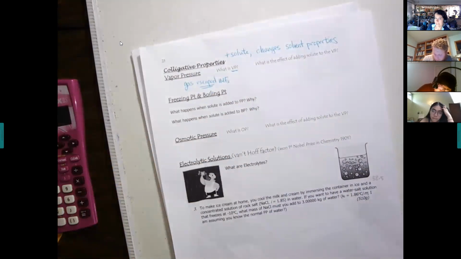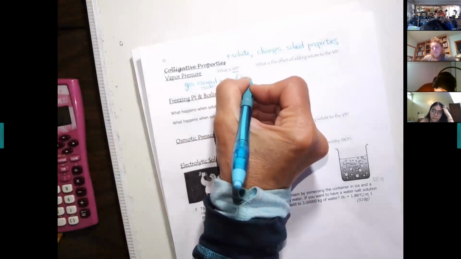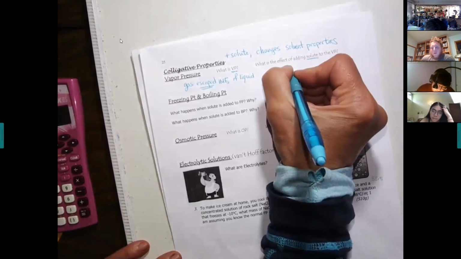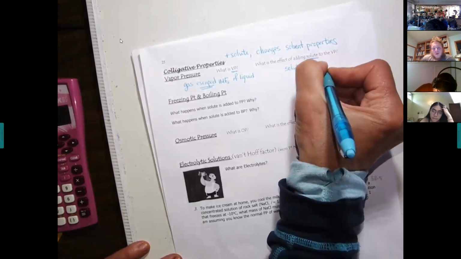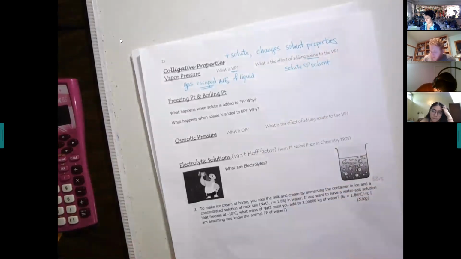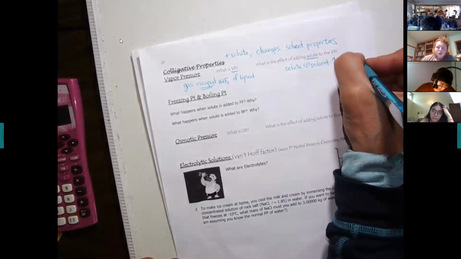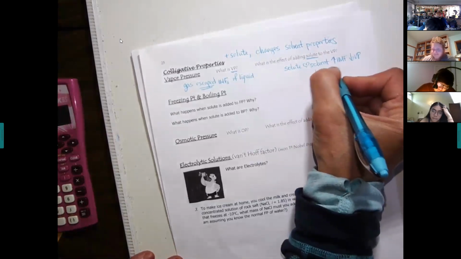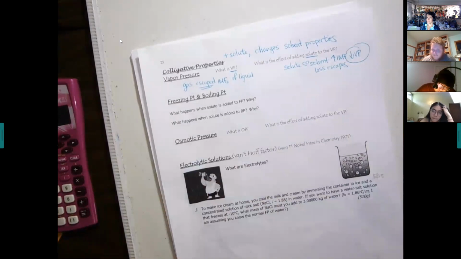So the liquid has IMFs. And when you add solute, the solute and the solvent love each other. They have even higher IMFs. So if you increase the IMFs, you decrease the vapor pressure. Less escapes. So simple enough. So vapor pressure goes down.